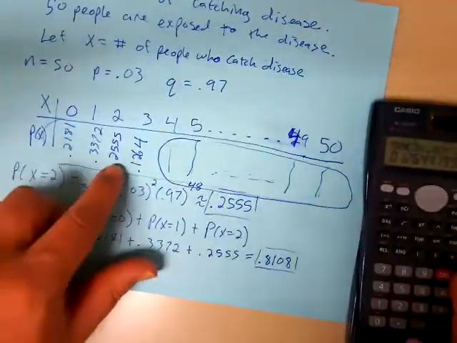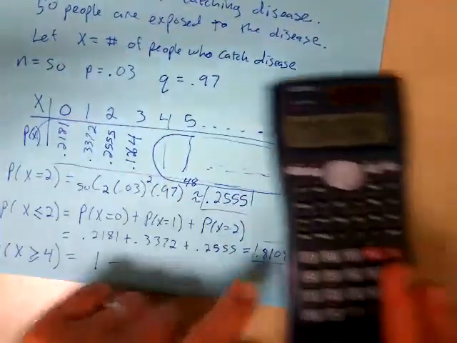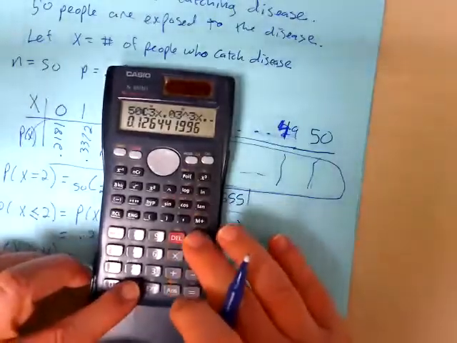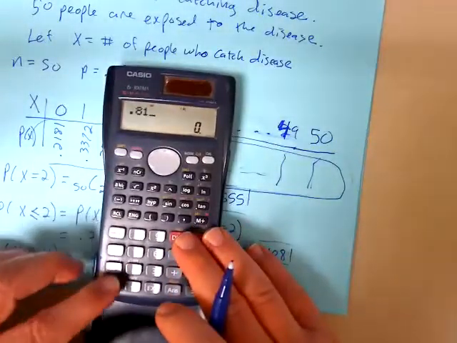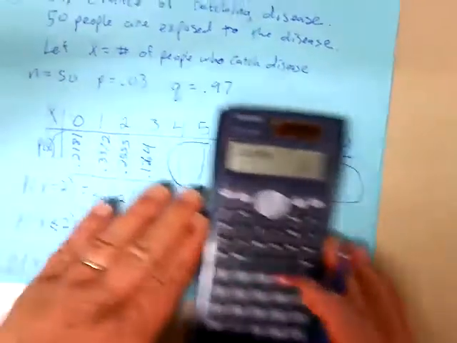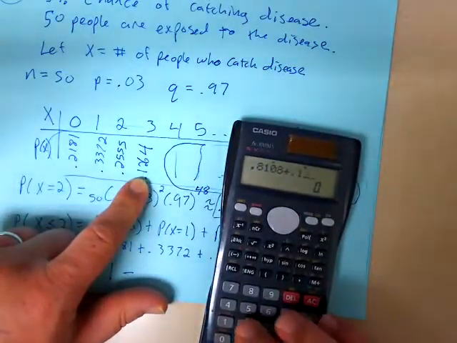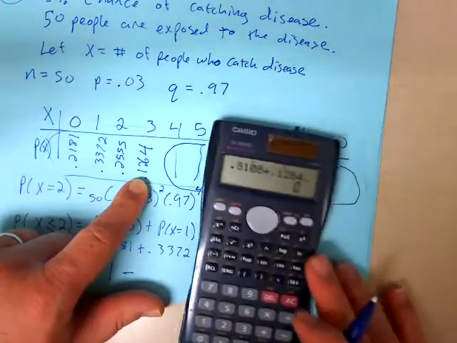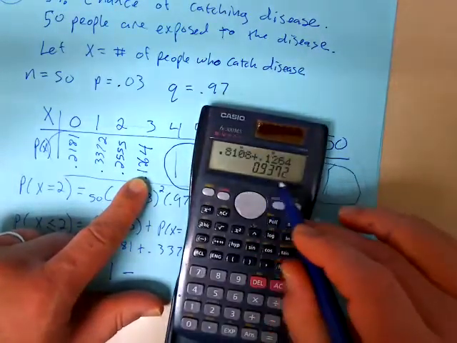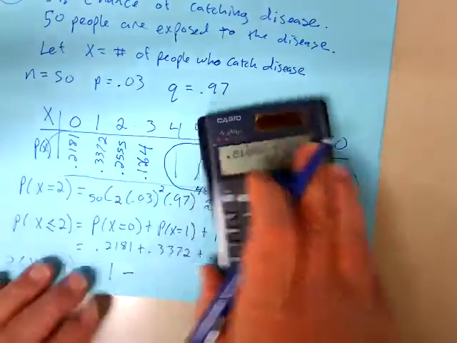And so I've already added these three, and I got 0.8108. So I'm going to do 0.8108, and those are these three. And then I need to add the 0.1264. When I add all those up, I get 0.9372.